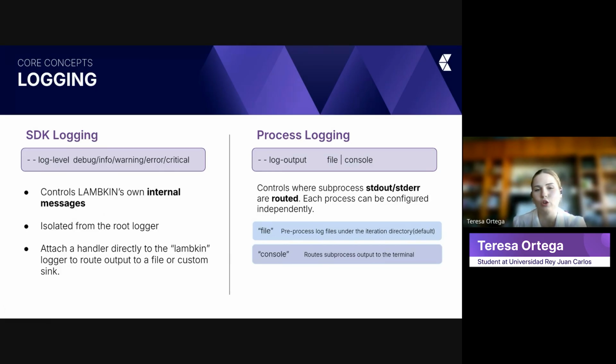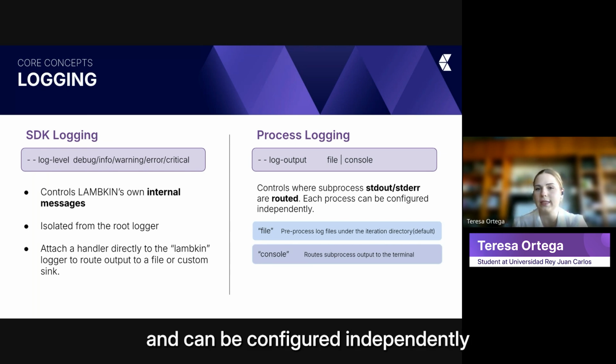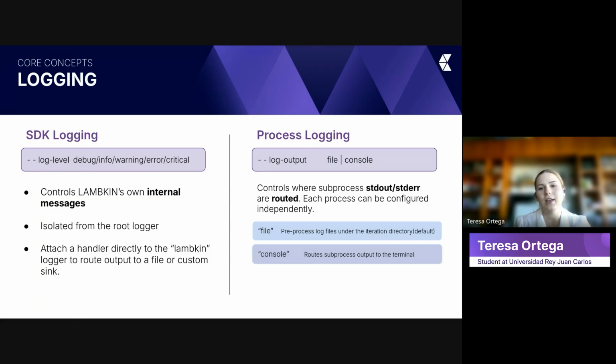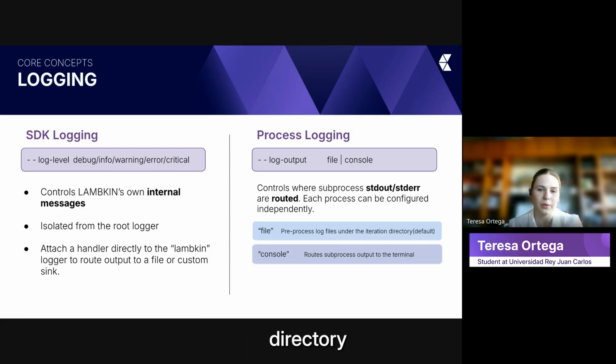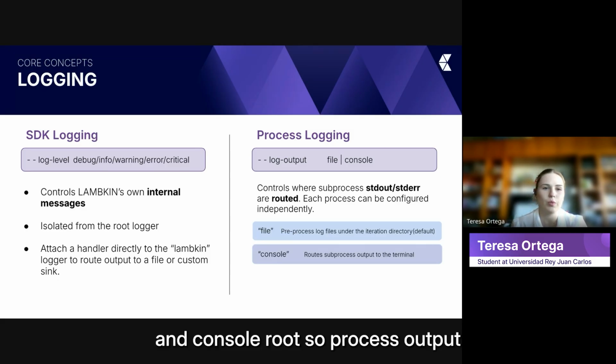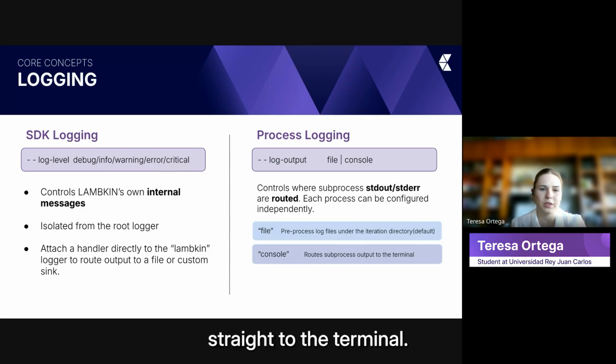Process logging, controlled with log output, which can be file or console, controls where a process's stdout or stderr go, and can be configured independently per process. File, the default, writes log files under the iteration directory, and console routes process output straight to the terminal.